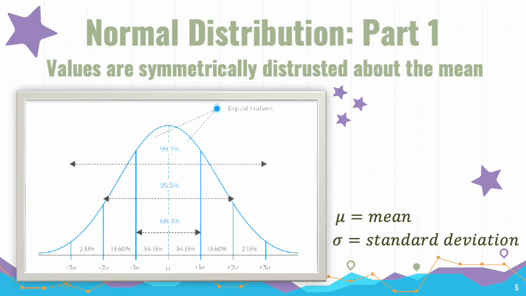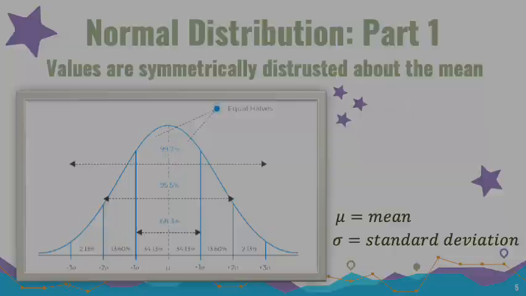And just to better help you understand this graph, mu, the symbol that looks like a backwards U, is the mean, and theta, the symbol that looks kind of like an O with a hat, is the symbol for standard deviation.